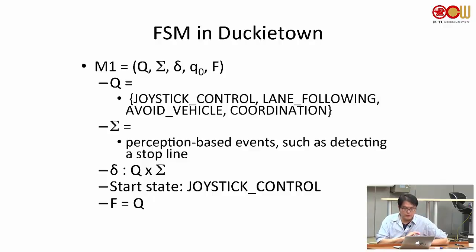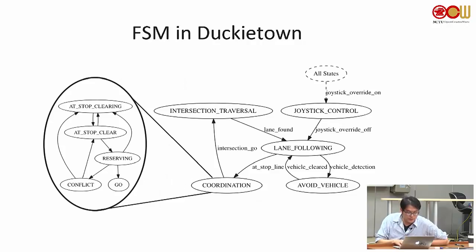Let me show you the FSM in Duckietown. We actually start from here. When you do step H and run the lane following launch, you will get started from here and then go to joystick control.